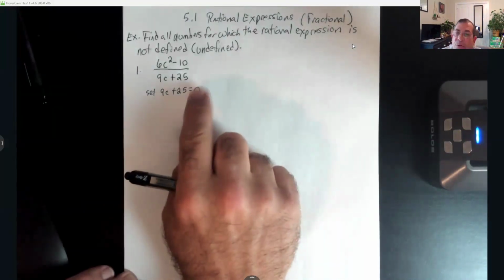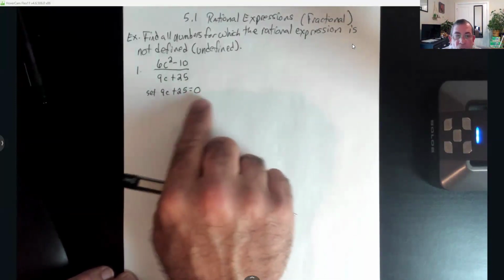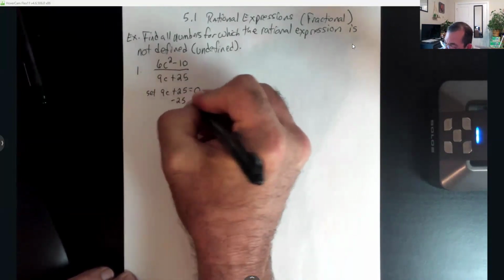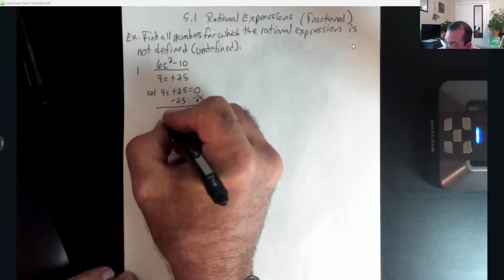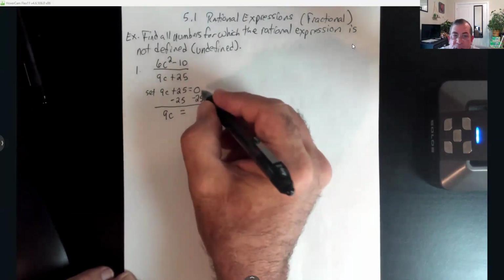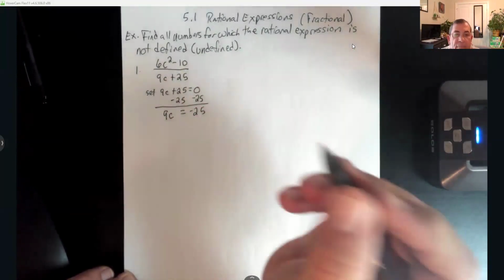Because we're setting that equal to the 0. So y'all, we're just going to start out by subtracting 25. So this 9c will come down. That cancels on the left side. And then 0, negative 25, give me negative 25.